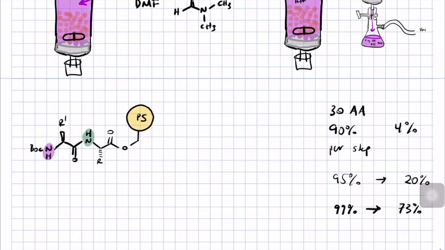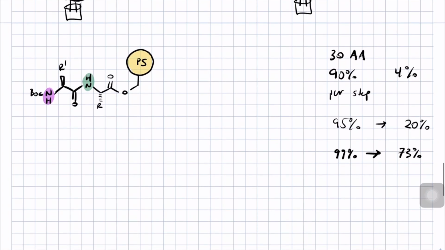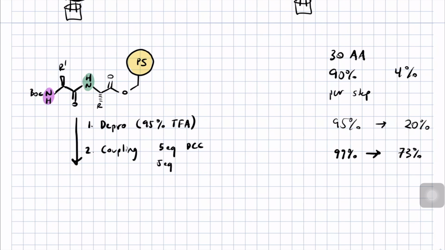So let's show you how we would continue to elongate the peptide. We would do the Fmoc deprotection step (95% TFA). And then in the second step, we would do the coupling reaction. And this would be 5 equivalents of DCC and 5 equivalents of your Fmoc protected next amino acid.